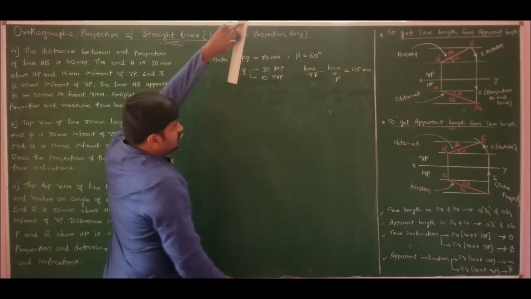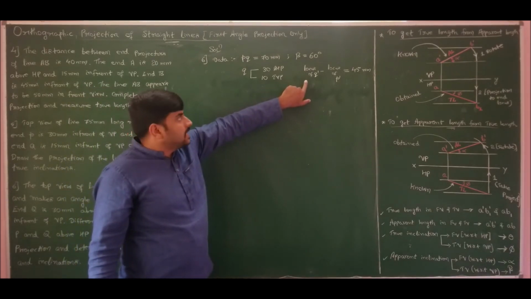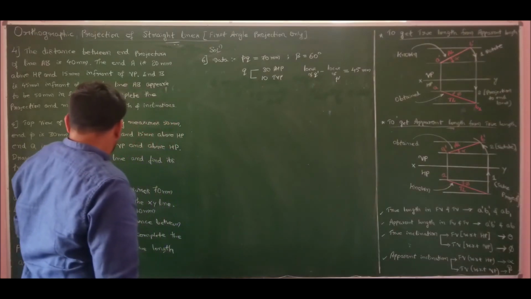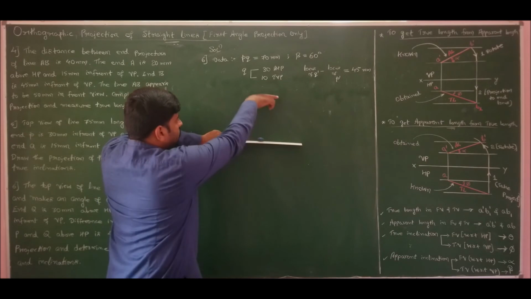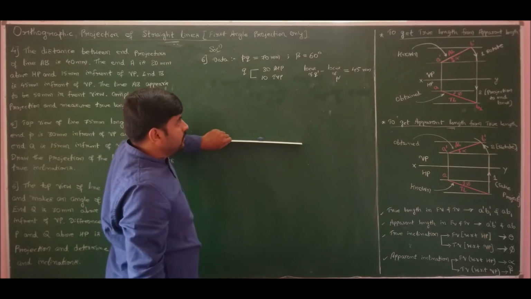So if I want to solve this problem, observe this: he has stated the difference in distance between P and Q above HP. So if I take the difference of locus of P and locus of Q, I should get 45 millimeters.